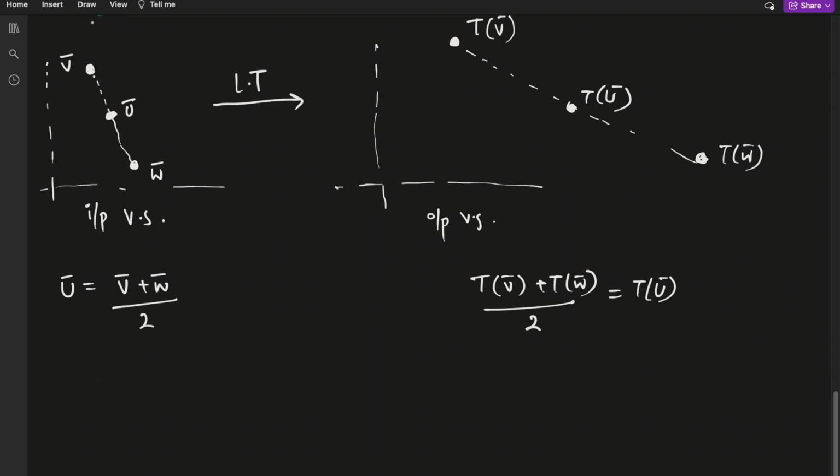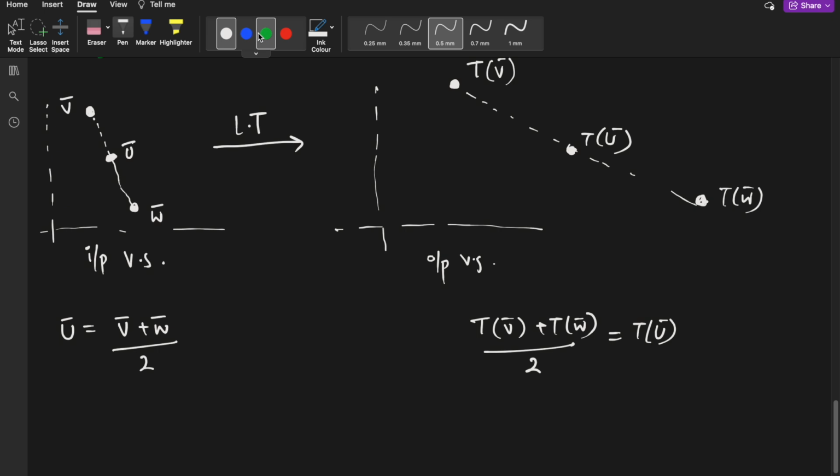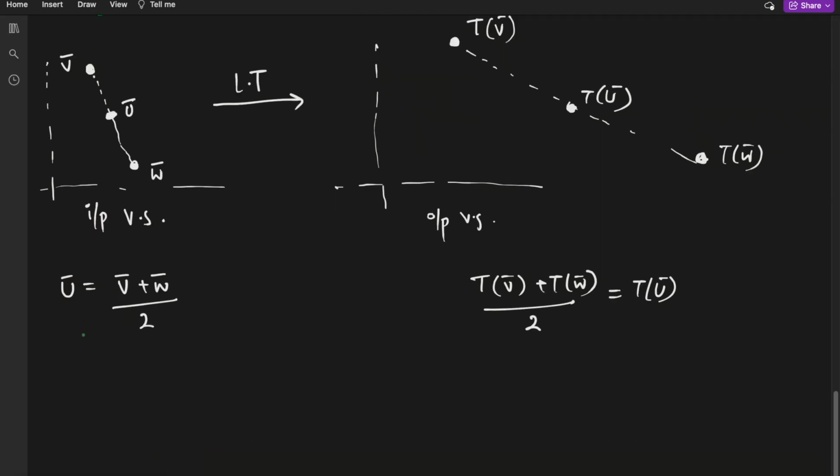So there are two important points mentioned here. The first point is that every point on the input line, and in this case I am saying line because this is the 1D representation, but it's not about just a line, it's about the entire input vector space. It could be 2D, 3D, 4D, anything. But because we are considering a line here, every point on the input line goes onto the output line.